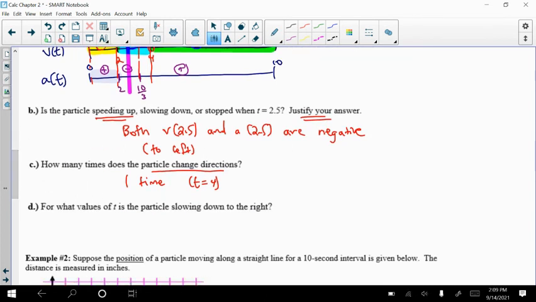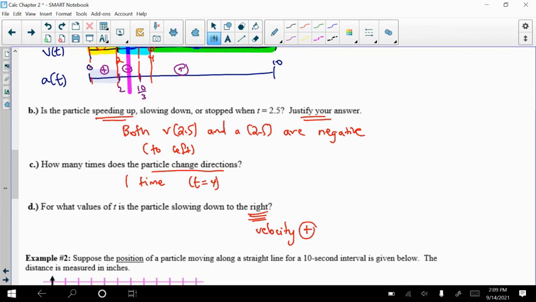Okay. And then the last one says, for what values is the particle slowing down to the right? Well, moving to the right or moving to the left, that direction's always determined by velocity. So if I want to be moving to the right, I need to make sure my velocity is positive. If it said moving to the left, then I'd make sure my velocity was negative.